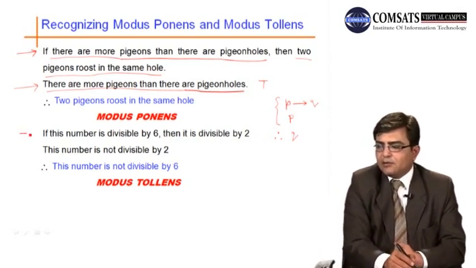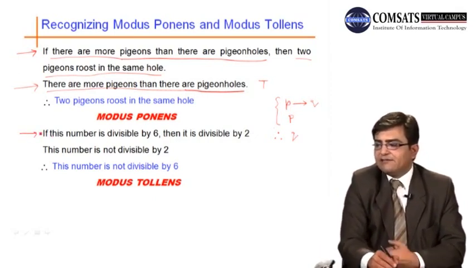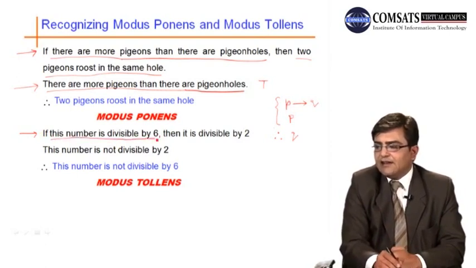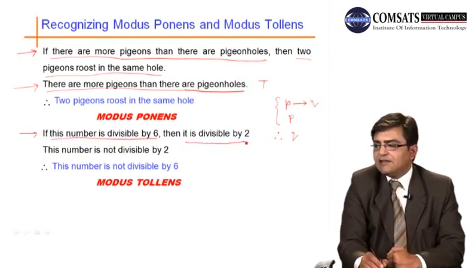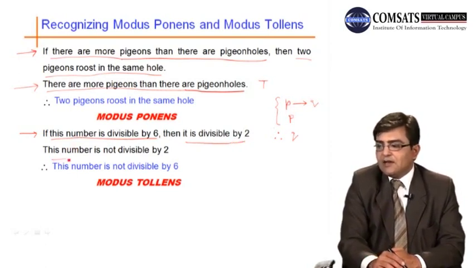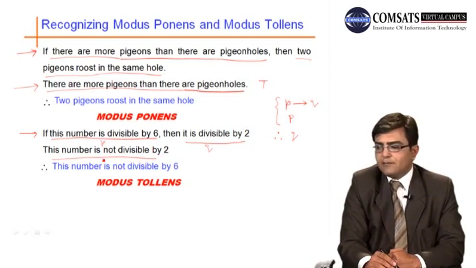The next example is for modus tollens. If this number is divisible by 6, if we say that this is P, then it is divisible by 2. If we say it Q, this number is not divisible by 2. Here we have Q, here we have P, and here we have the negation of Q. We can see easily here that it is divisible by 2 and this number is not divisible by 2.